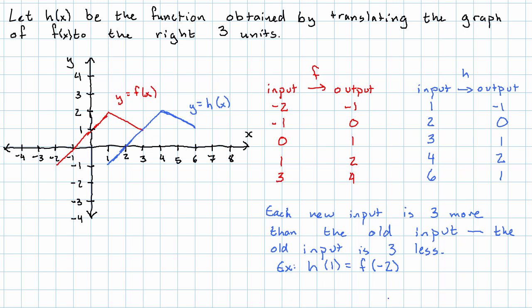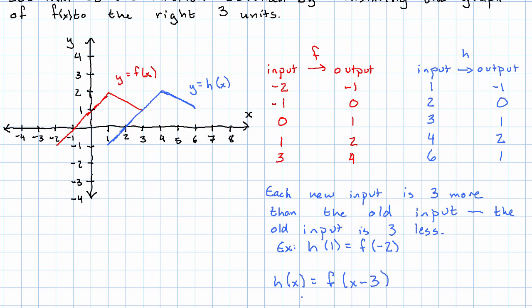What we're seeing is h of x is f of x minus 3. Why are we subtracting rather than adding, even though we're moving to the right, which is usually the positive direction? Because before we put the number into f, we have to go back to the old input. This is going to be a recurring theme. We have to go from the input of h back to the input of f. So everything we see inside of the function is going to be, in some sense, backwards.